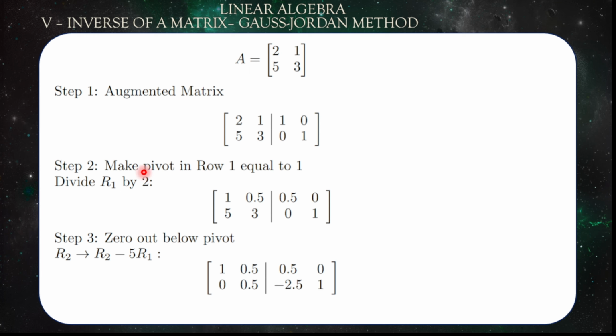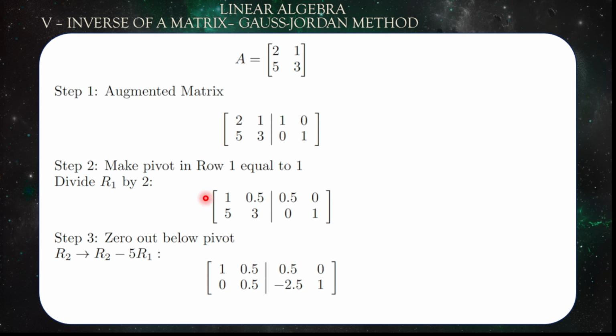Second, step 2: make the pivot in row 1 equal to 1 by dividing R1 by 2. If we divide R1 by 2, you get 1, 0.5, element by element. The entire row, we're dividing it by 2.